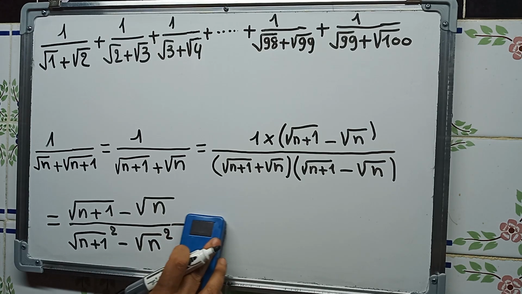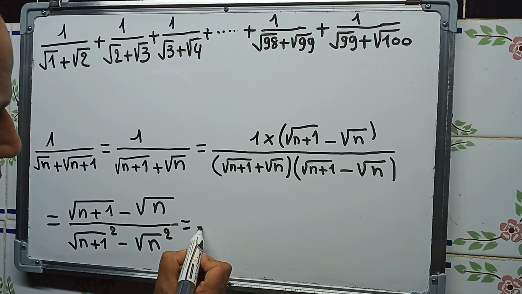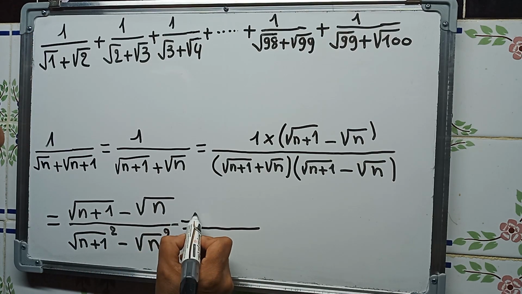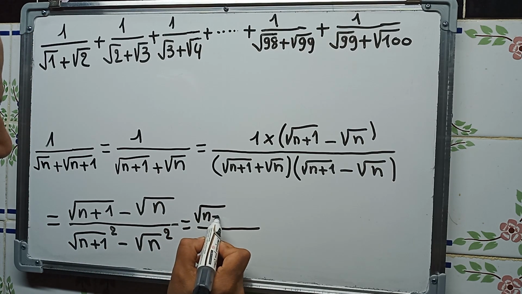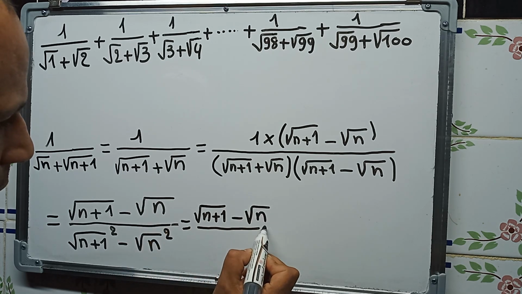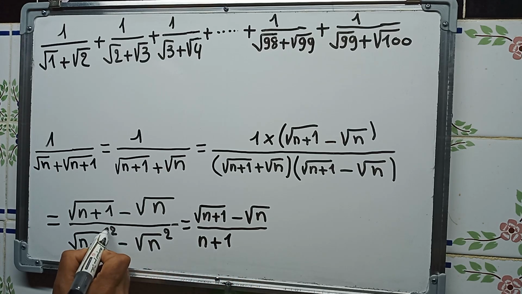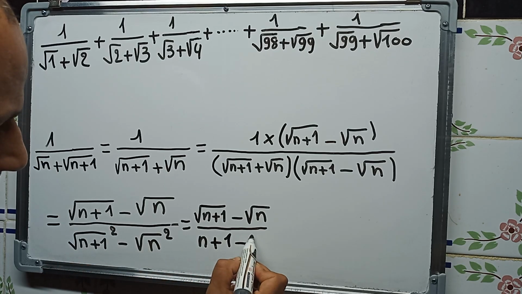And this is of course equal to square root of n plus 1 minus square root of n over n plus 1 minus n.